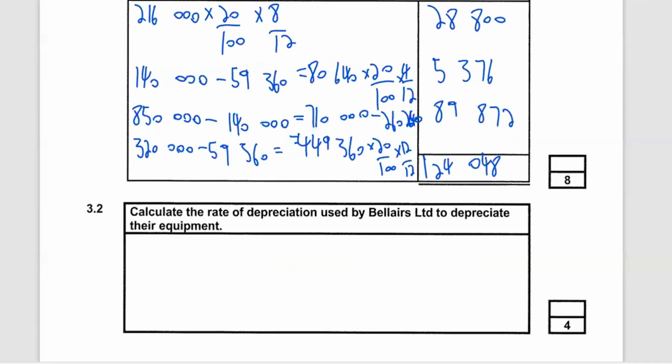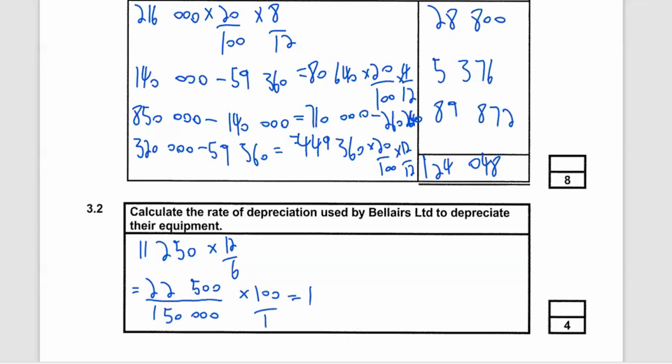So in our answer book, we're going to show our calculations. 11,250 times 12 divided by 6. Then we get our answer, which is 22,500 divided by 150,000 multiplied by 100 divided by 1.